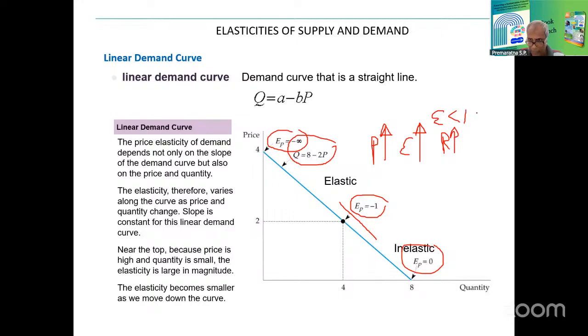But in the elastic range, which means above the mid-price situation, your revenue decreases. So understanding those changes is very important. It's not just calculating the price elasticity, so reading the number is very important.